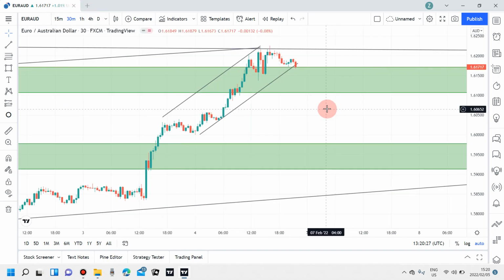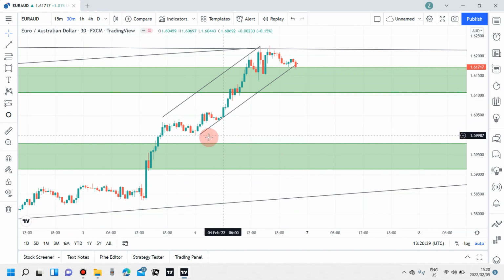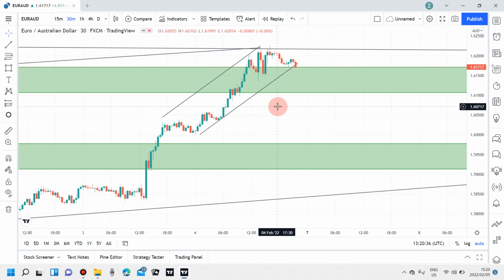So currently I'm on the 30-minute time frame, and on the 30-minute time frame, what you would want to look for is reversal patterns. For example, one reversal pattern is a head and shoulders. Another one is a double top or a double bottom.